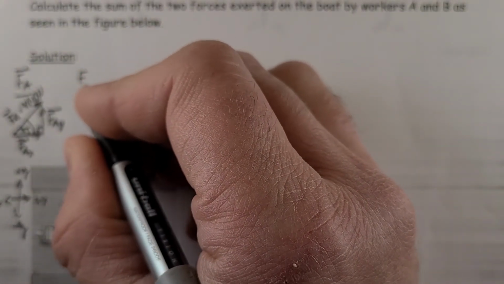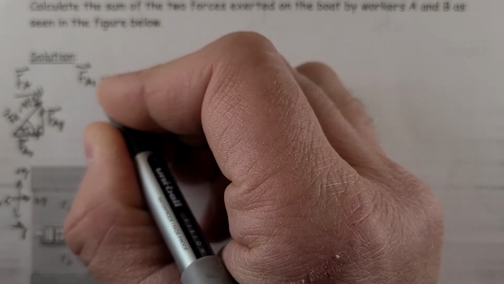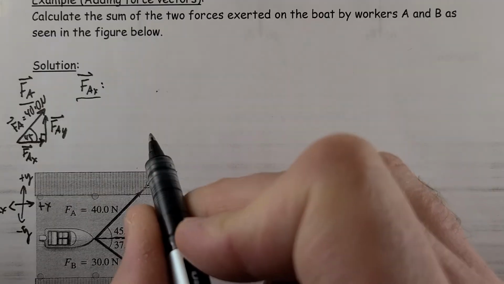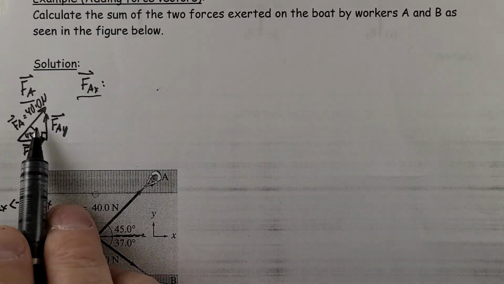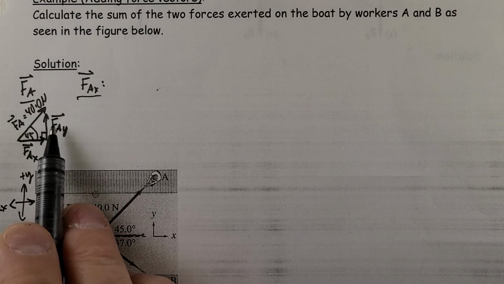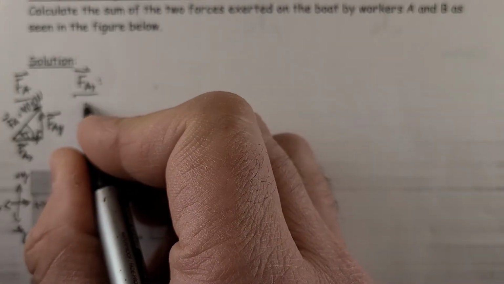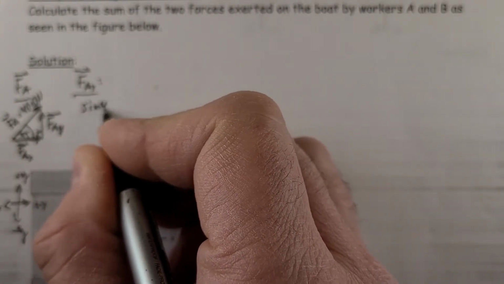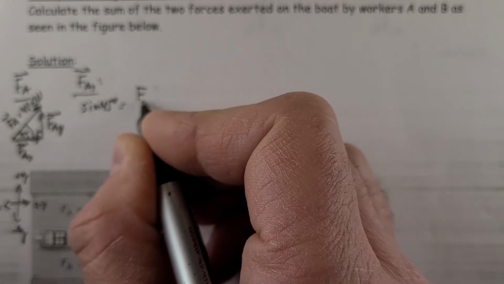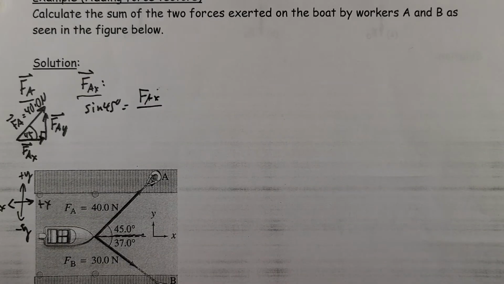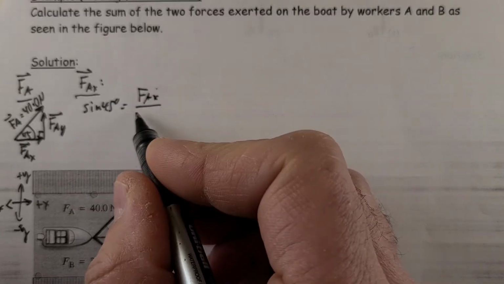So I'll call this the force of person A in the X direction, so FAX. And of course, that is the opposite side of the angle. And here's the hypotenuse. So sine of 45 is equal to the force of A in the X direction all over 40.